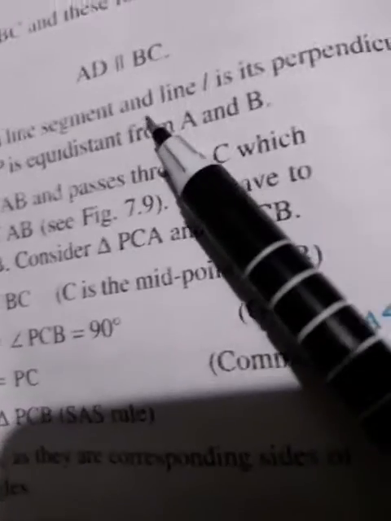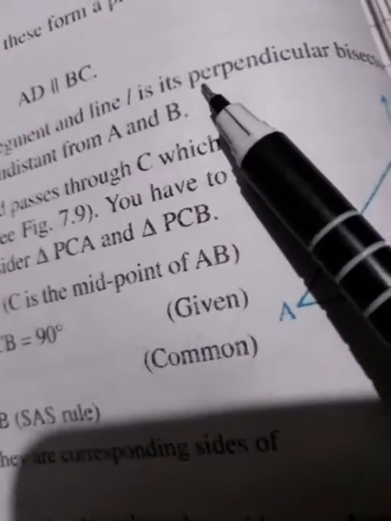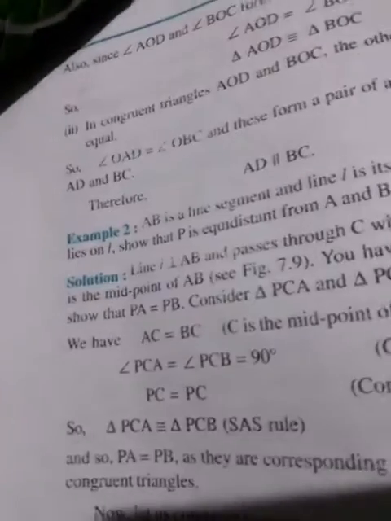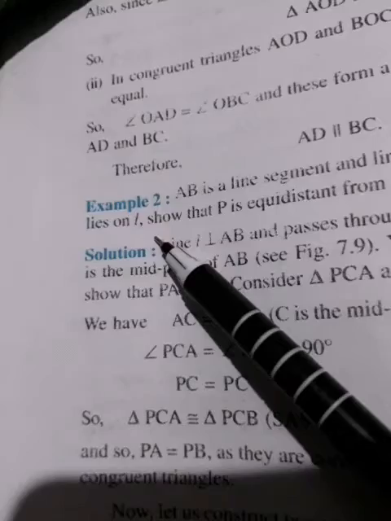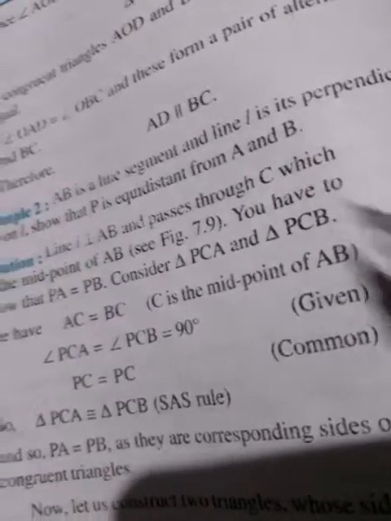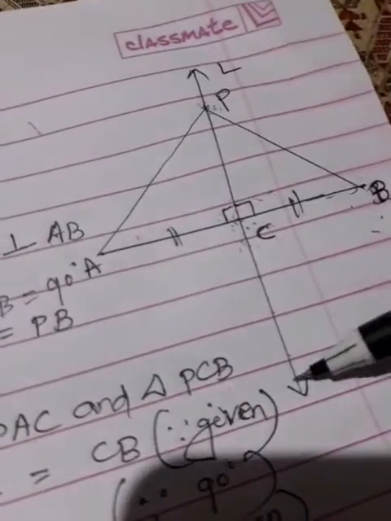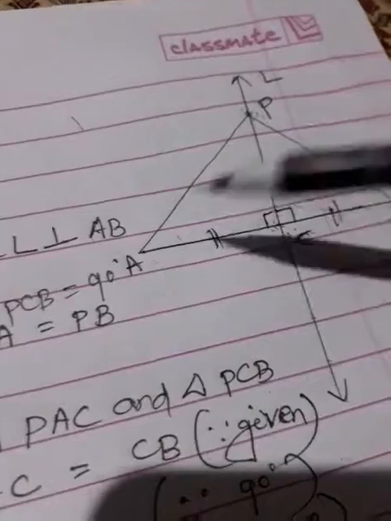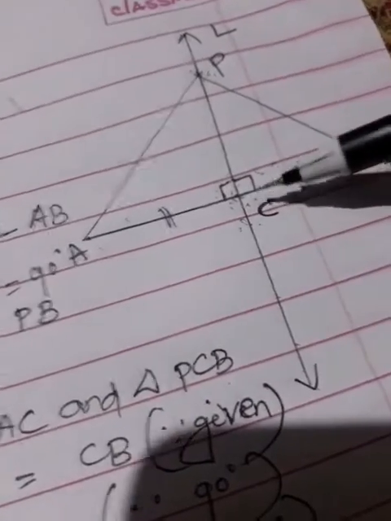Next, example 2. AB is a line segment and line L is its perpendicular bisector. If a point P lies on L, show that P is equidistant from A and B. Here is the figure. L is perpendicular to AB and it is also the perpendicular bisector.